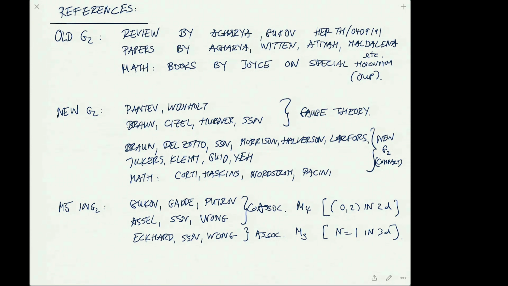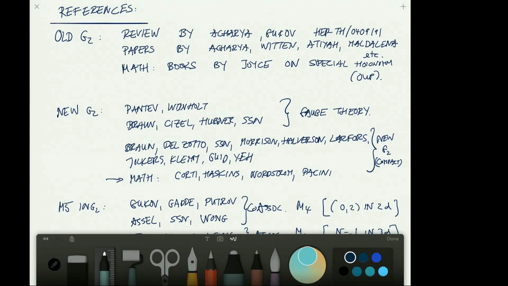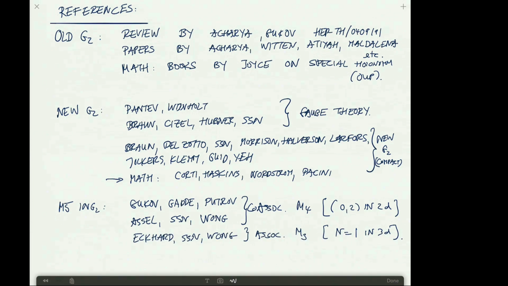On the math side, this goes back to Corti. Anyway, the math is here, this paper by Corti, Haskins, Nordström, Pacini, and I'll explain to you the construction of these manifolds.